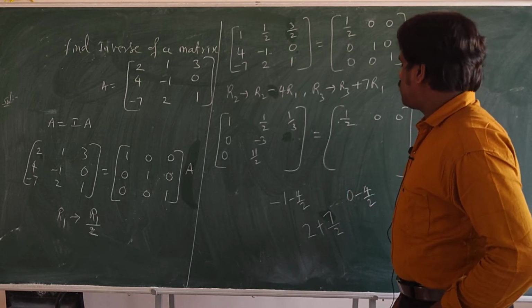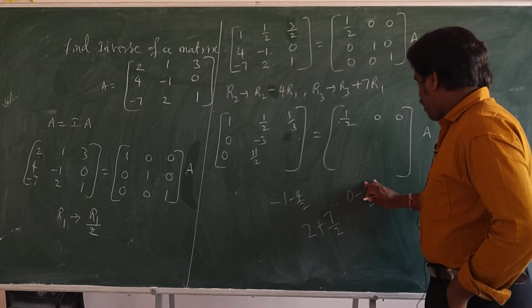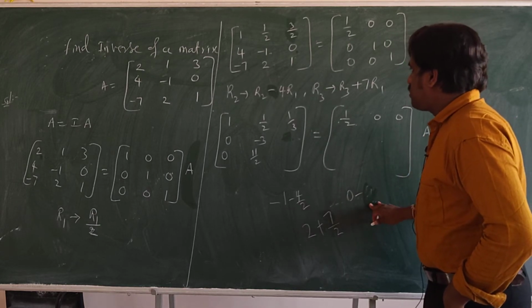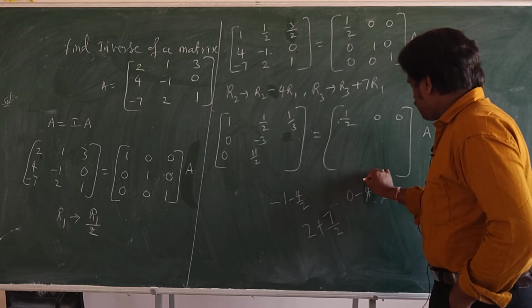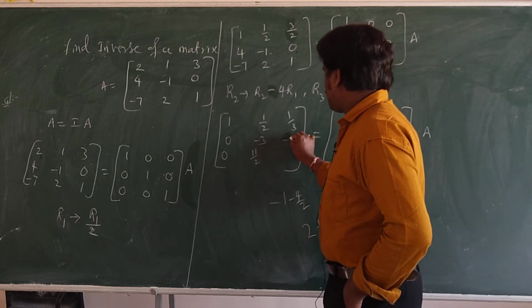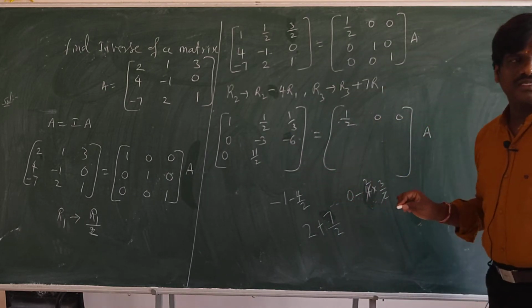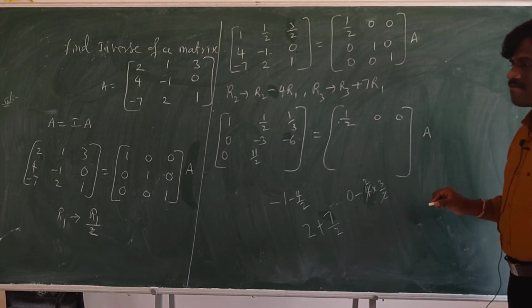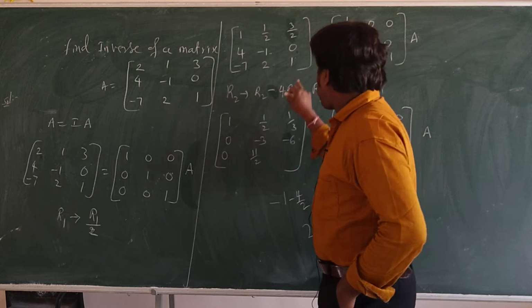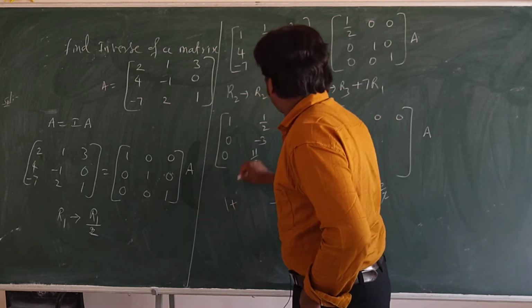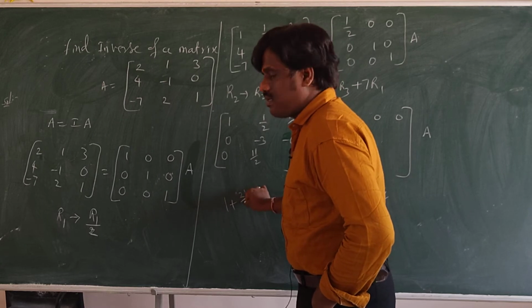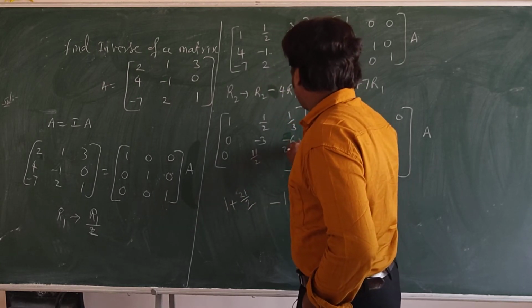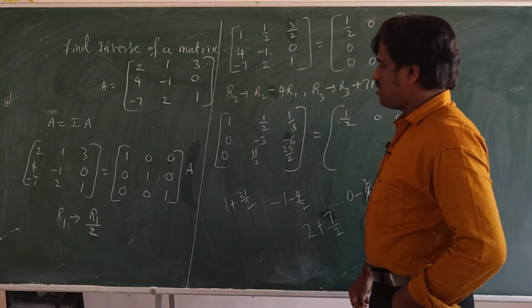Then 3 by 2. 0 minus 4 into 3 by 2, minus 6. Right? Yes. Clear? Next one: here 1 plus 7 threes are 21 by 2, so how much? 23 by 2. Okay?